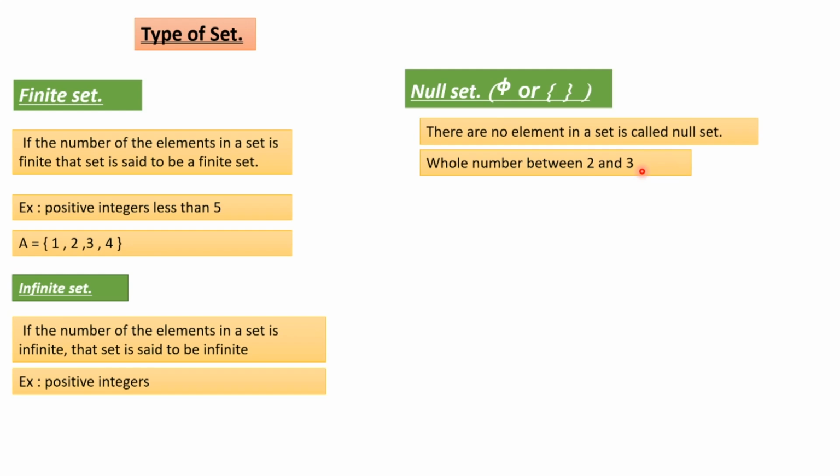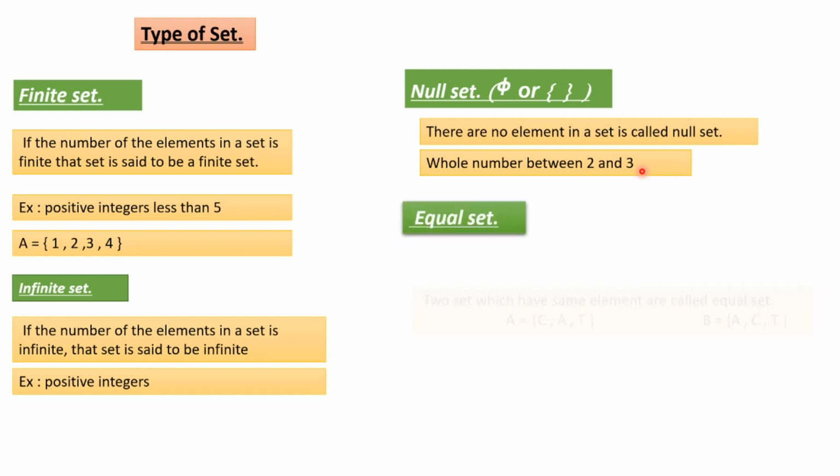There are no whole numbers between 2 and 3. The numbers between 2 and 3 are decimals or fractions. There are no whole numbers. And in the previous session, I think you remember the people taller than 3 kilometers. Like that, null set. You can't find a man taller than 3 kilometers.